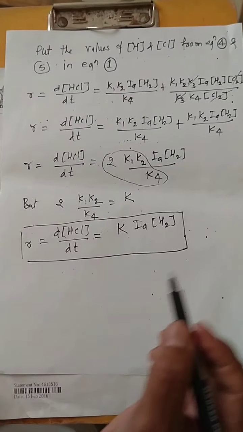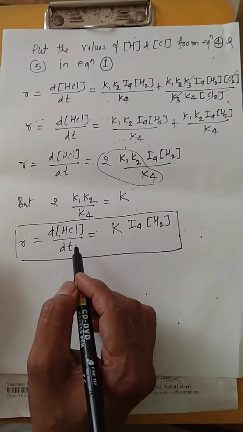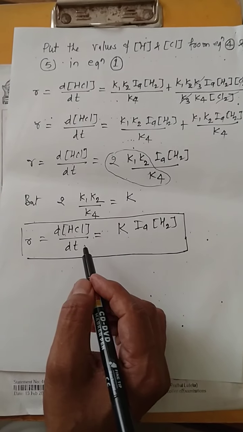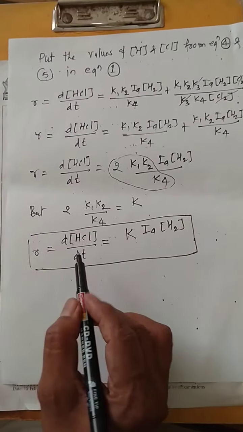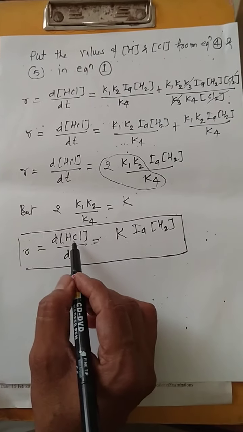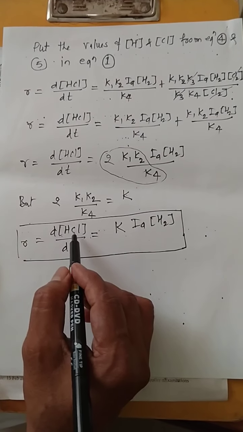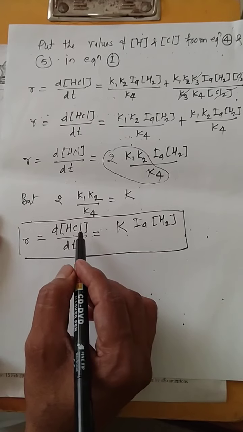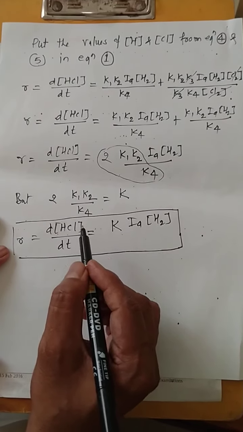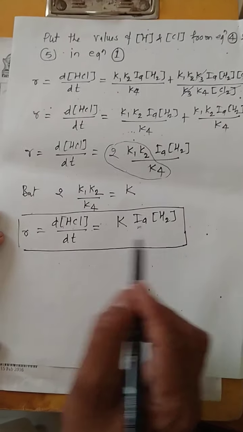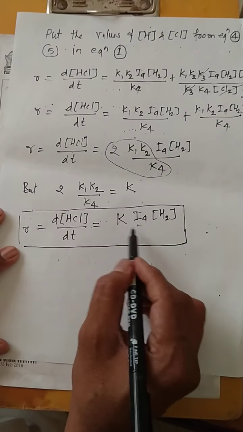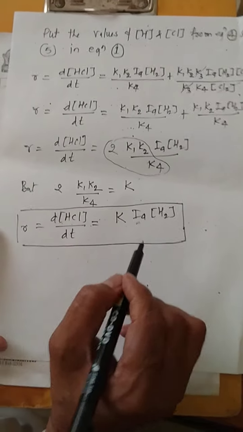Kinetics of photochemical formation of HCl. Here this indicates that this is the rate of formation of HCl, which is directly proportional to the absorbed intensity of radiation.